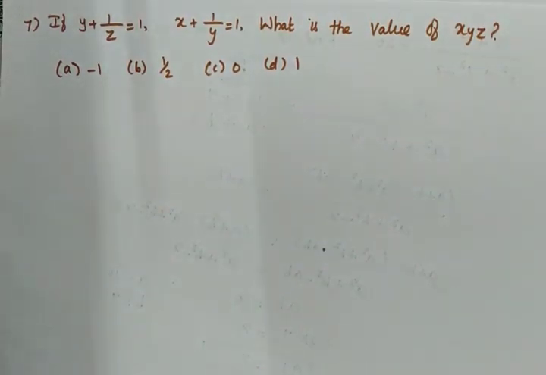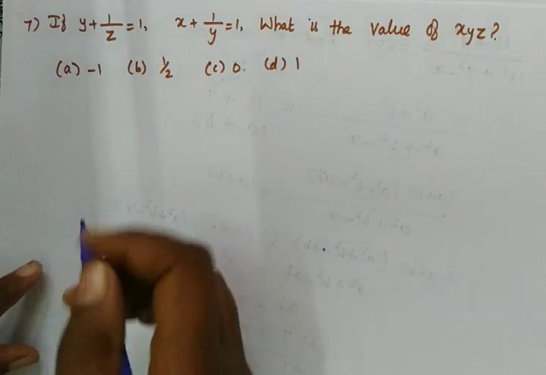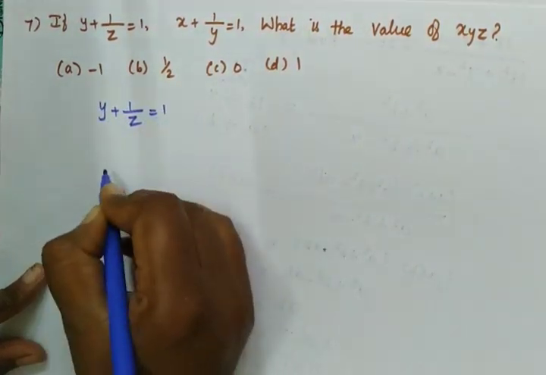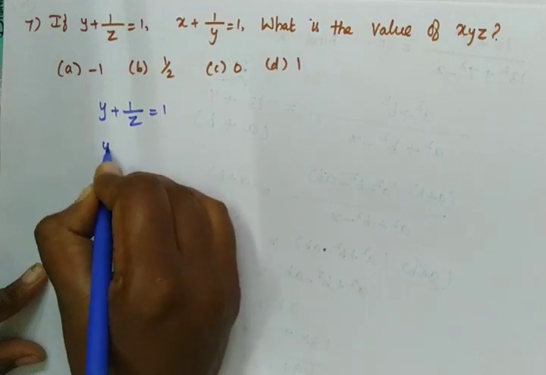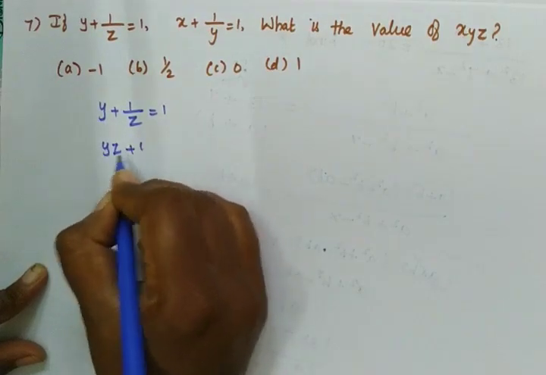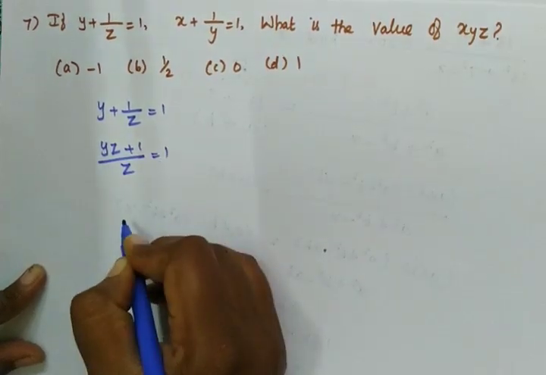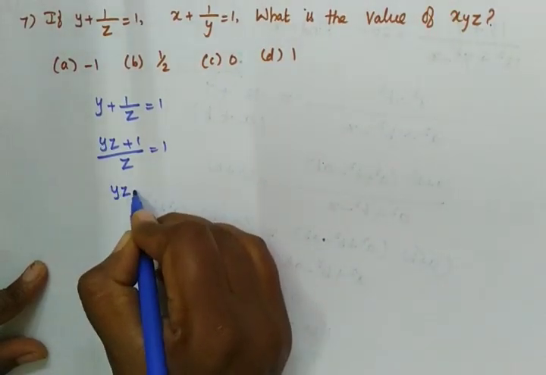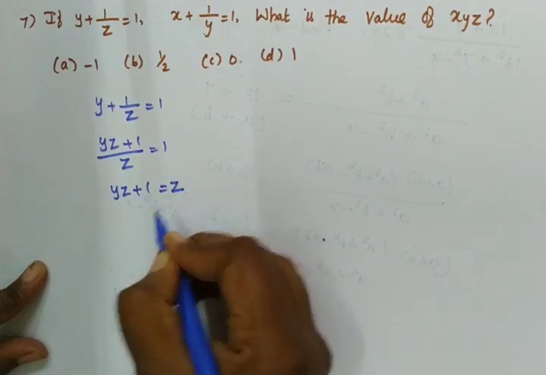If y plus 1 by z is equal to 1, x plus 1 by y is equal to 1, what is the value of x y z? Now see here, y plus 1 by z is equal to 1. Now we can write this as, cross multiply, yz plus 1 by z is equal to 1. Then yz plus 1 is equal to z.